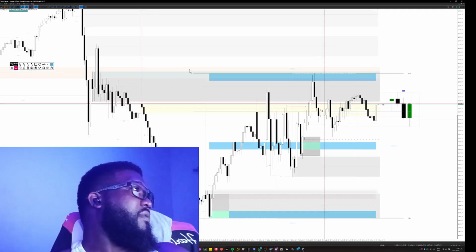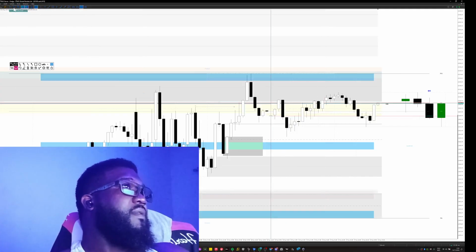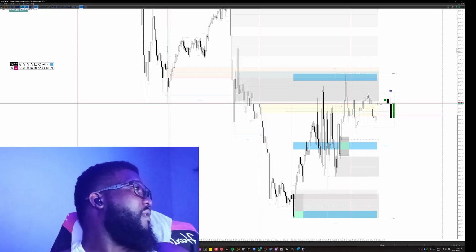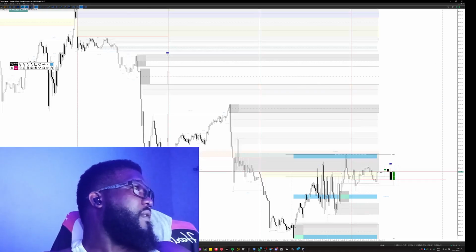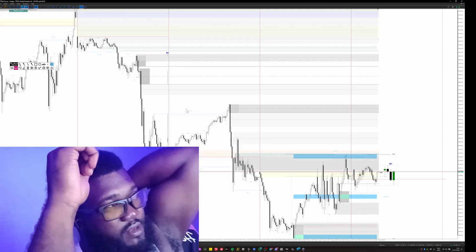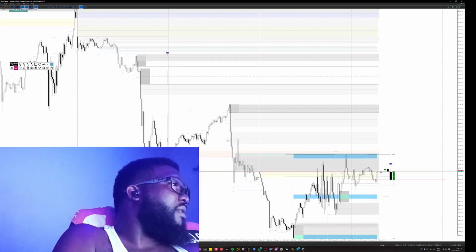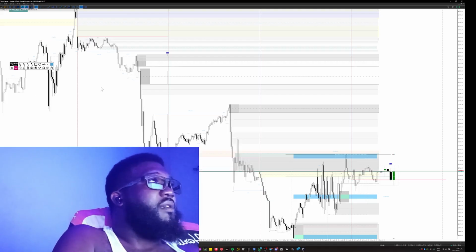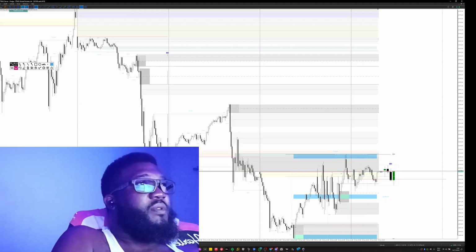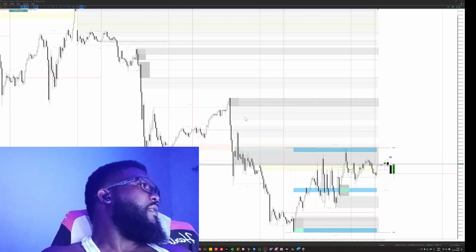So from where the market opened, this template needs to be cleaned up again, but let me do a little bit of a tweak here. Yeah, man, so getting right back into it.